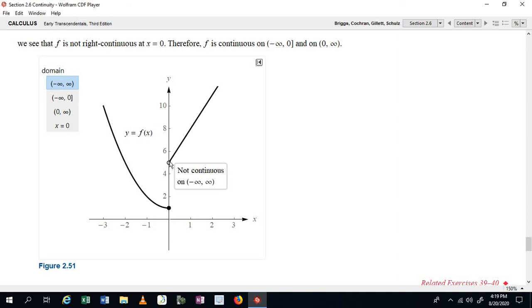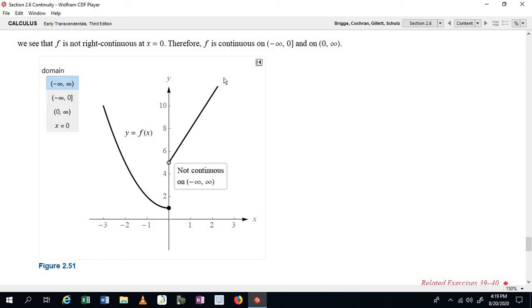Now, the only question is, would you include 0? Well, we'd have to check and see if it's right continuous. Okay, well, the limit as you approach 0 from the positive side appears to be 5, but f of 0 is not 5. f of 0 is 1. Okay, and so for that reason, it is not right continuous. And so you would not include 0.